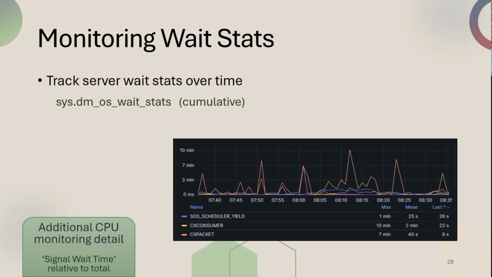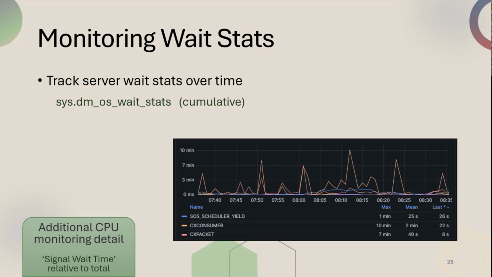This is an example of where a monitoring platform is helpful, because a lot of that will be built in. If you're specifically interested in CPU details and what's happening with waits, there is a column for signal wait time. Let's say a query needed to pull some data off a disk. It's ready to do that, but it has to wait for the CPU to be available, because it uses a CPU to do everything.